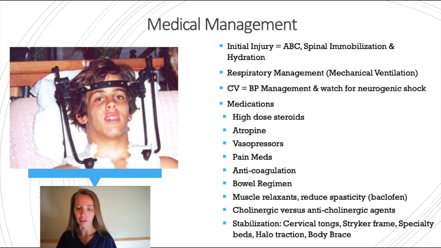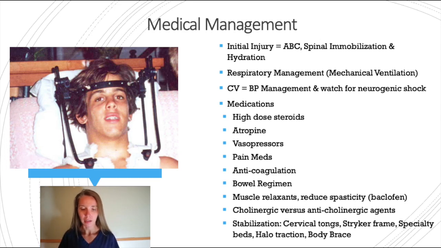These patients will be on high-dose steroids, vasopressors, pain medications, and a bowel regimen. Depending on the level of injury, they may not be able to feel the sensation to defecate or to urinate. Your patient that has hyperactive deep tendon reflexes, rigidity, or spasticity may need to be on a muscle relaxer. We like to use baclofen a lot, especially for spasticity.